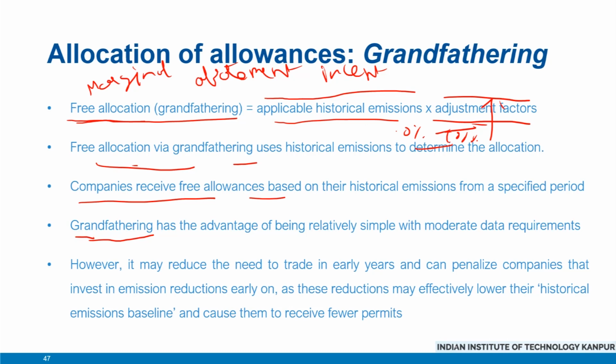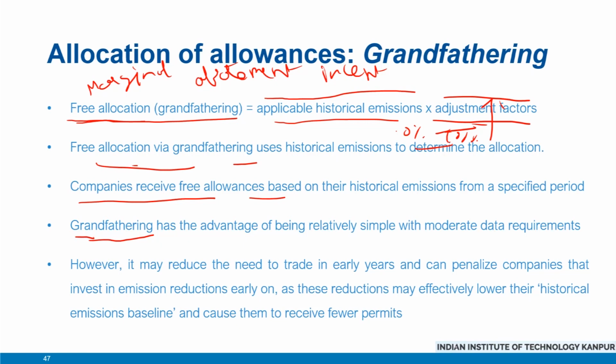We noted that this approach requires historical data, so it is a relatively simple approach. However, we also noted that this approach should be used only as a transitionary measure and for free allocation. Although this approach has the advantage that it does not reduce the marginal abatement incentives, that means the current incentives of firms to reduce their emissions.